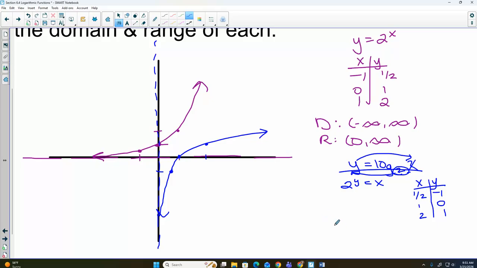What's the domain of that then? And the range? So just like we always talked about, when you have inverses, the domain of the function equals the range of the inverse. The range of the function equals the domain of the inverse. So these are inverses.